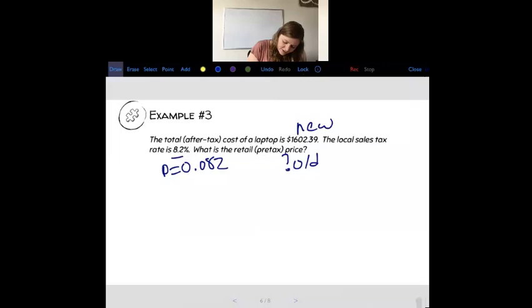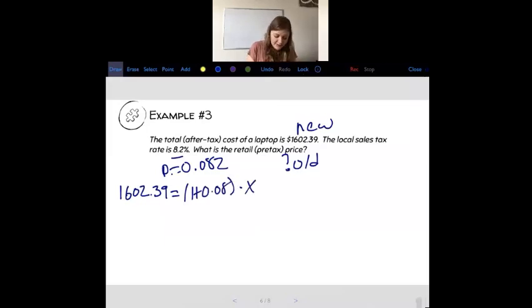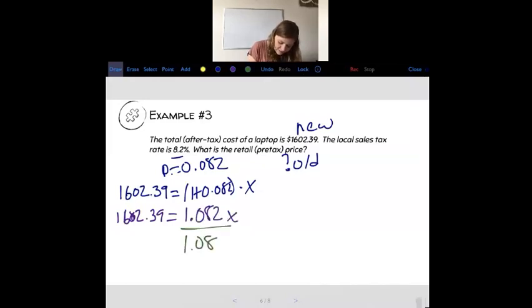So we would say that the new is equal to 1 plus 0.082 times the old, so we'll call it x because we don't know what it is. This gives us 1,602.39 equal to 1.082x. So to solve for x, we divide.